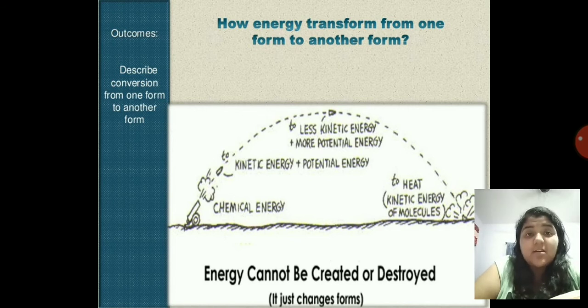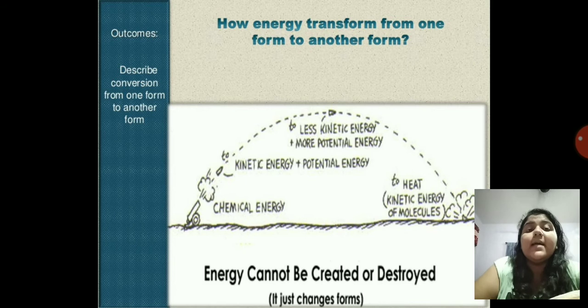The chemical energy then gets converted into kinetic energy and the potential energy which was stored before it is fired. Then the kinetic energy becomes less and the potential energy becomes high, and then it is converted into heat energy. Heat energy again converts into kinetic energy, and then it is exploded.